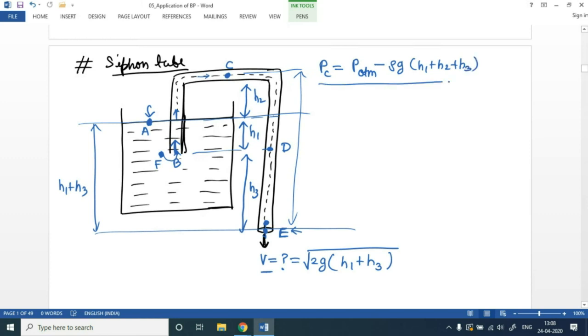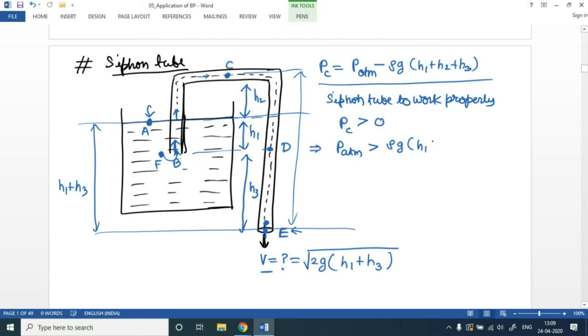And also you must notice, in order for the siphon tube to work properly, this PC can never be negative. So PC has to be greater than or equal to 0. That means PATM must be greater than rho G times (H1 plus H2 plus H3), or PATM by rho G must be greater than H1 plus H2 plus H3.